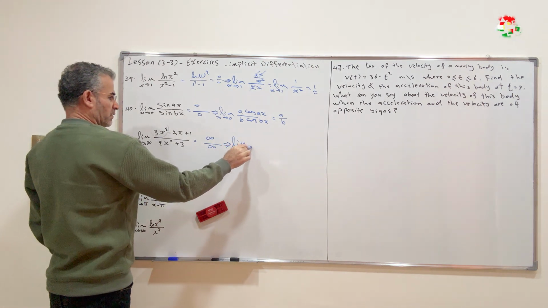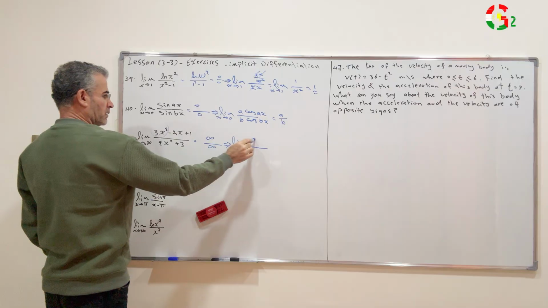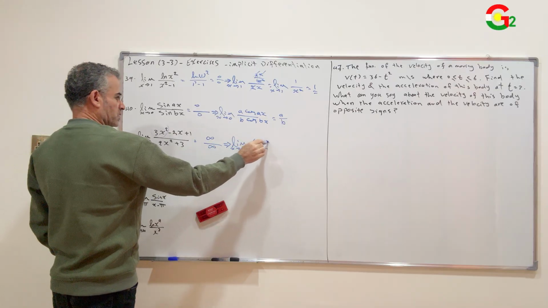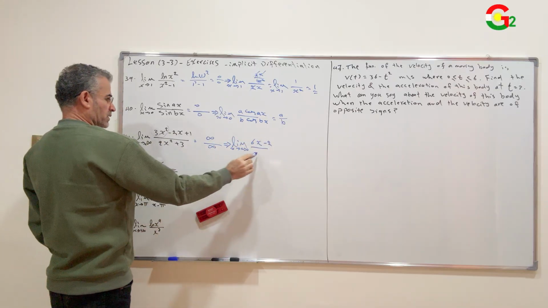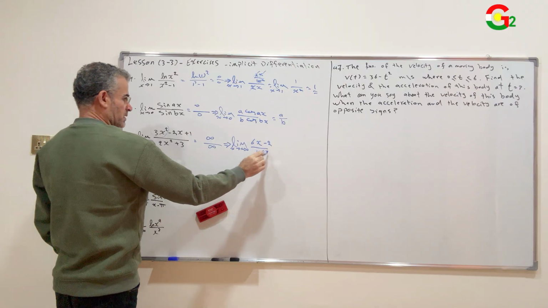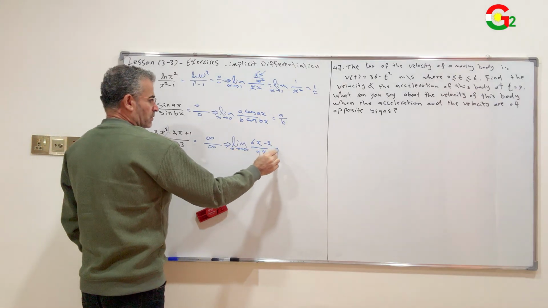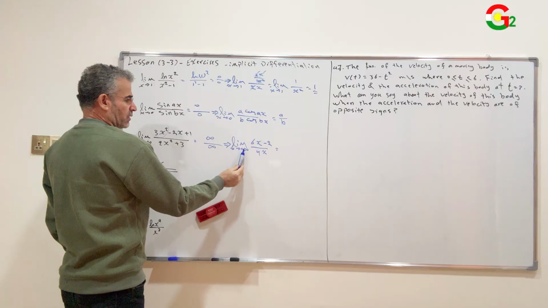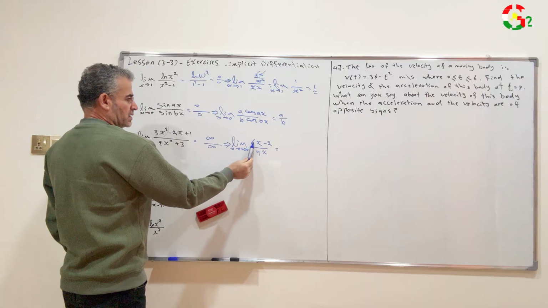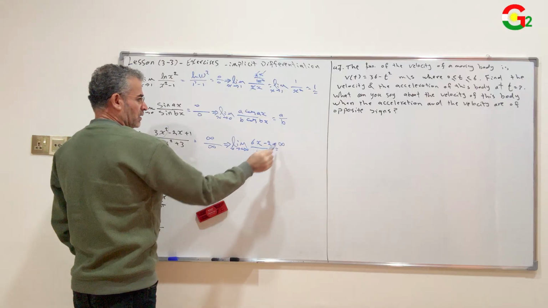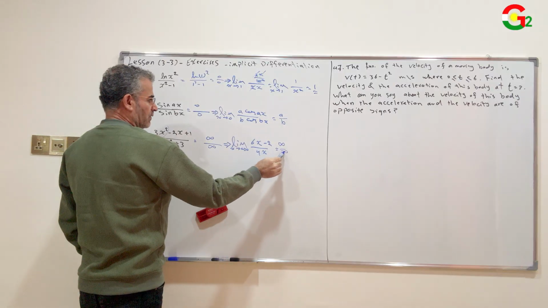X approach to positive infinity, differentiate the numerator, 6x minus 2 over differentiate denominator for x. Also, we substitute every x with infinity. We see that 6 times infinity infinity over 4 times infinity infinity.